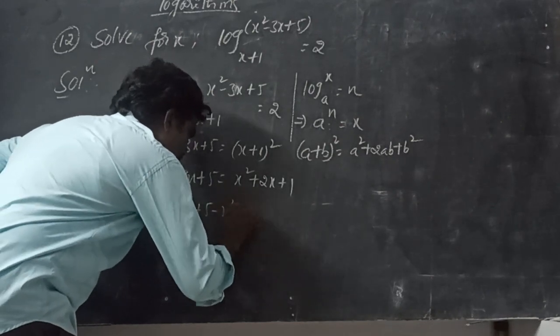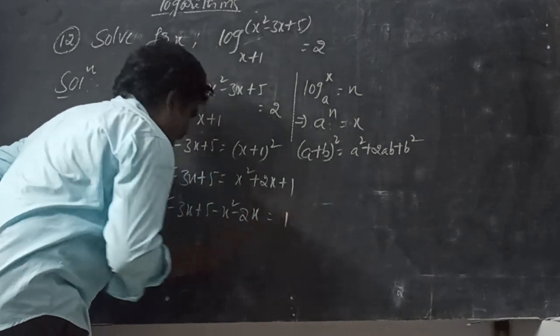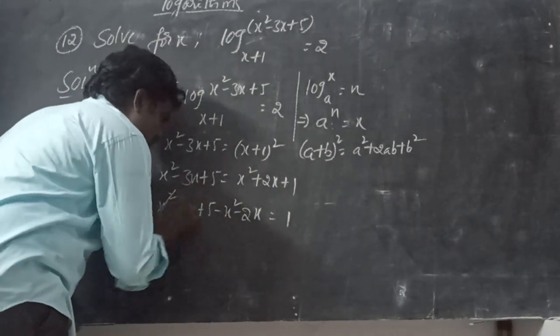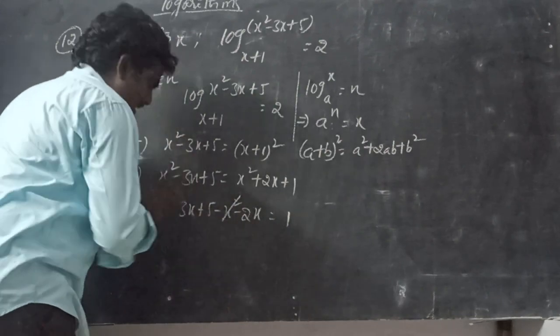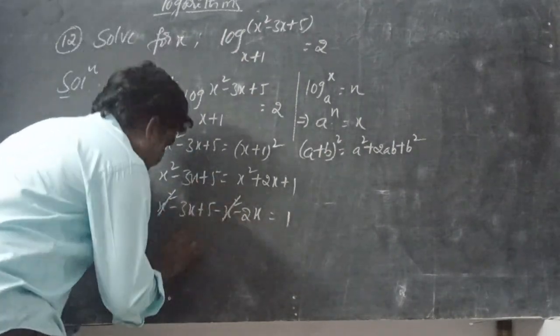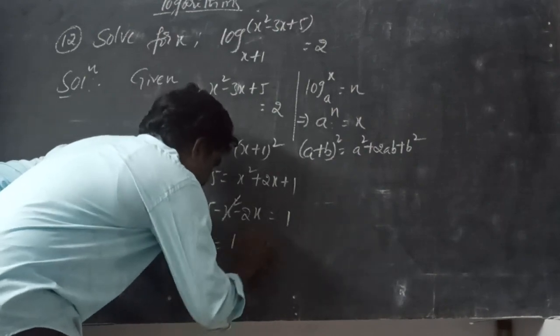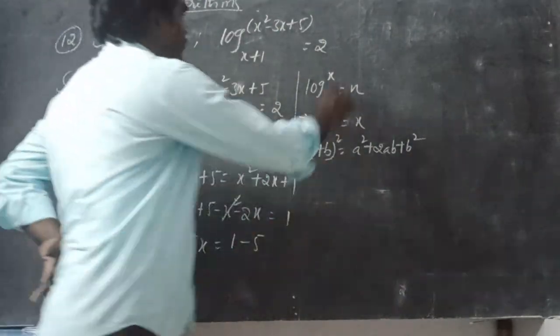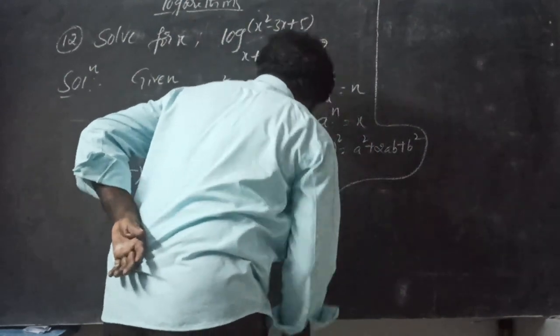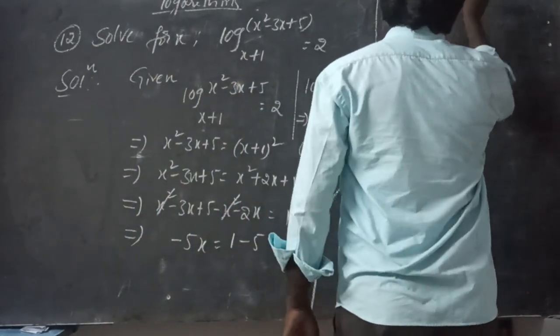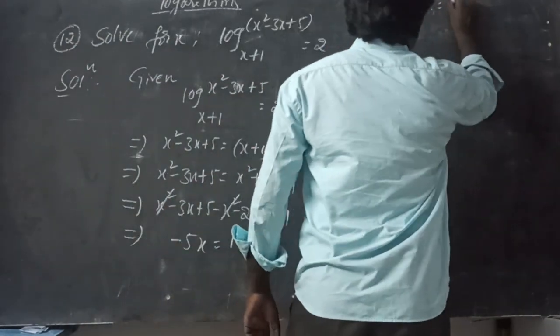So x² − 3x + 5 − x² − 2x is equal to 1 − 5. The x² cancels. Minus 3x minus 2x is minus 5x, which is equal to 1 − 5, which is minus 4.